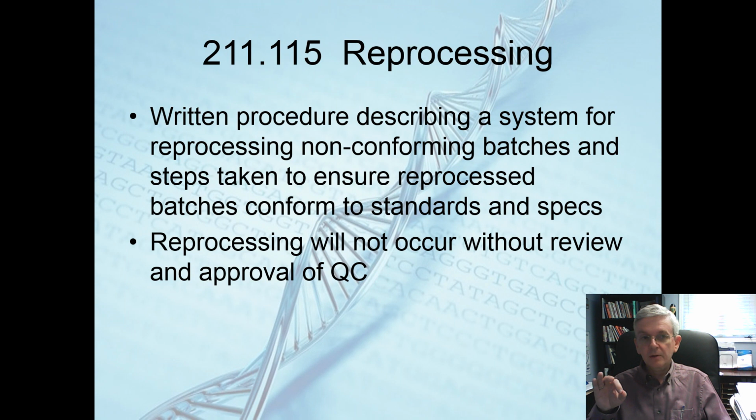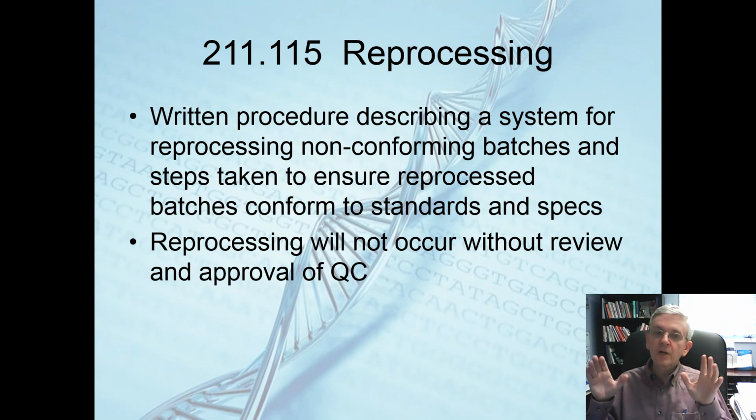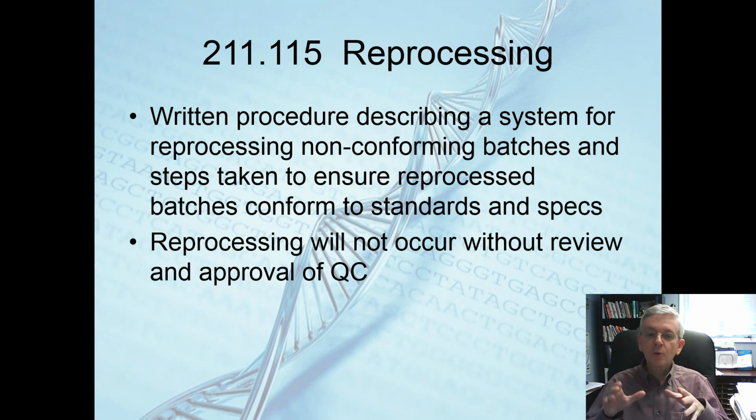Reprocessing in 211.115 talks about written procedures describing a system for reprocessing any non-conforming batches and steps taken to ensure that those reprocessed batches conform to standards and specs. You have to have all that down in clear writing. Reprocessing will not occur without review and approval by the quality control unit.